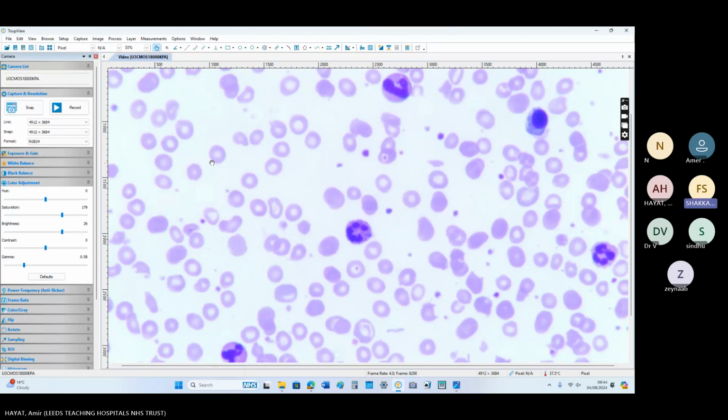I will also comment that the platelets are adequate and white cells showing neutrophils with toxic granulation.